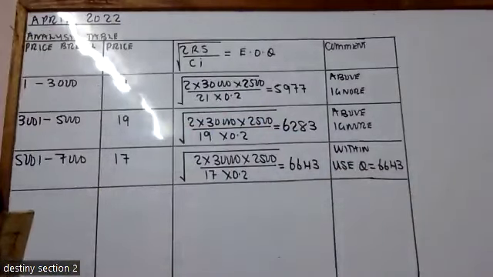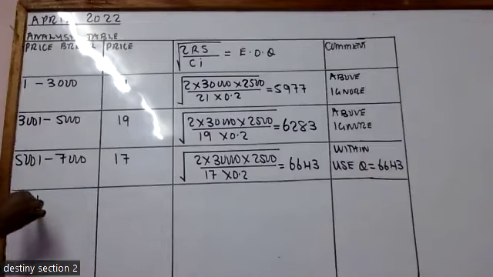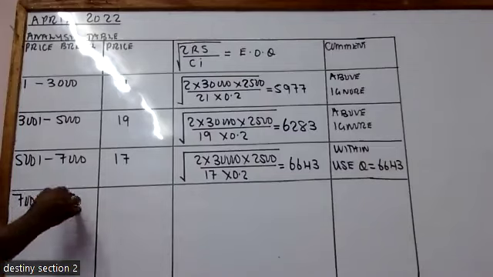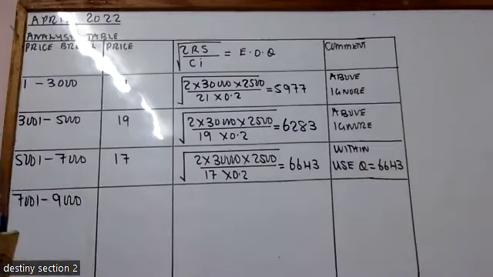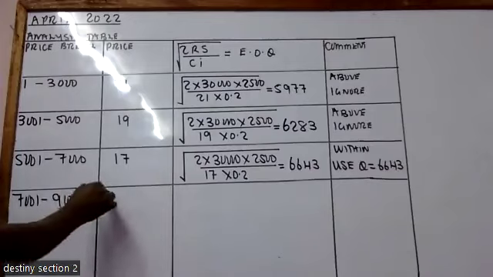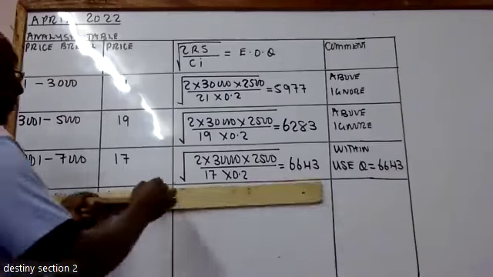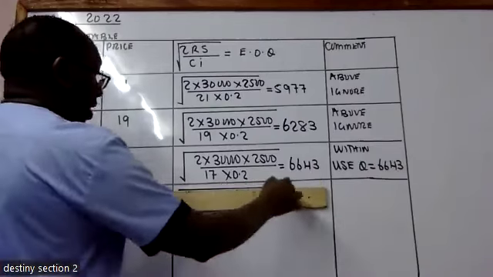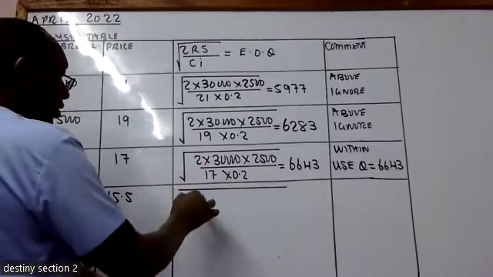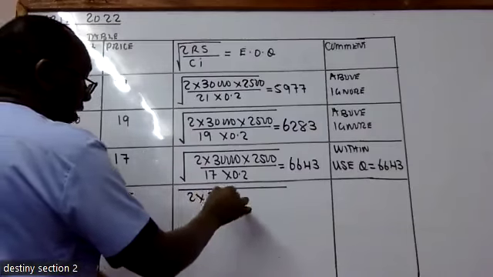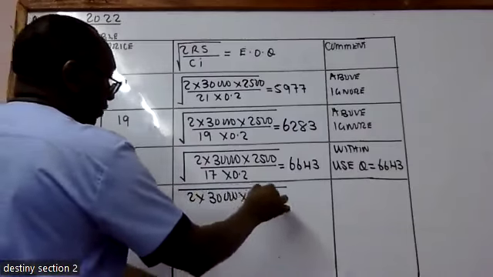The next break is 7,001 to 9,000. And the price is 15.5. Therefore, these shall come here under the square root of 2 times 30,000 times 2,500.